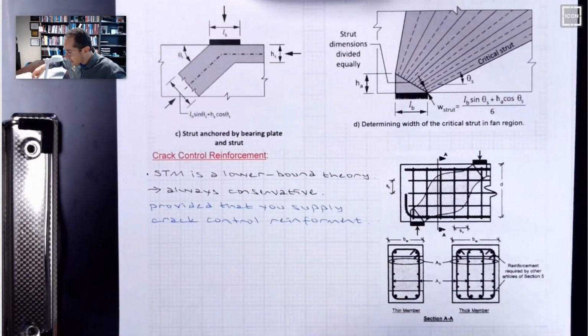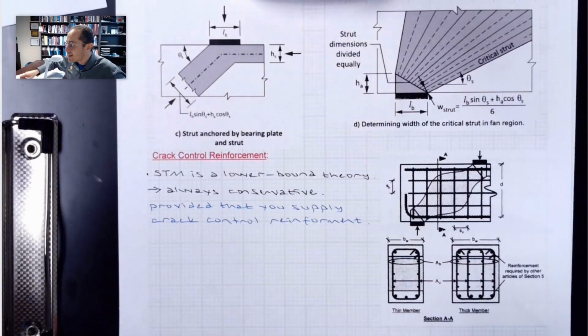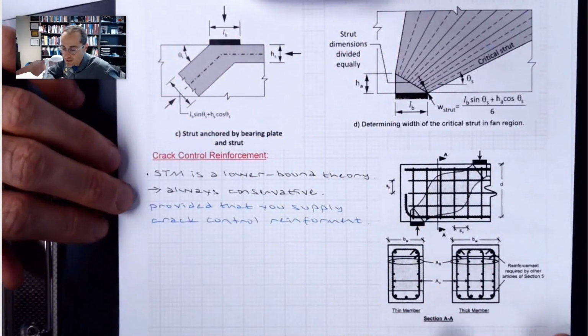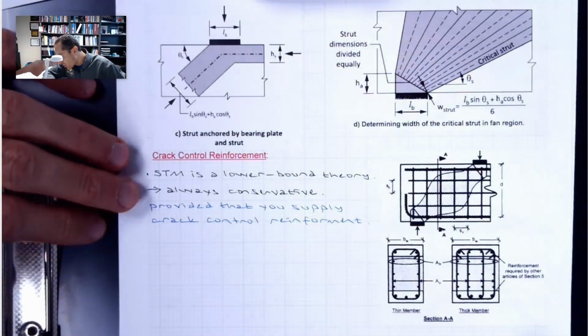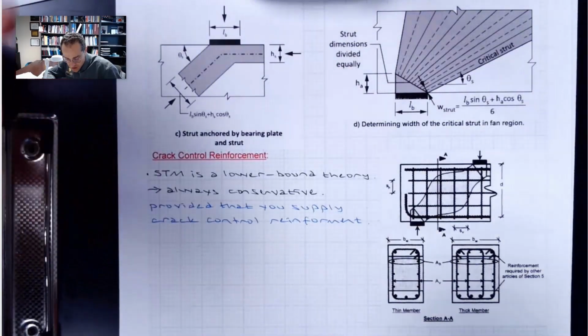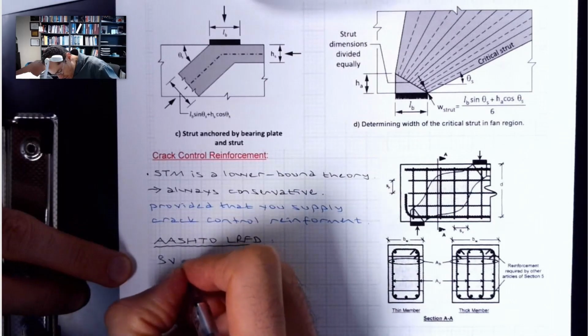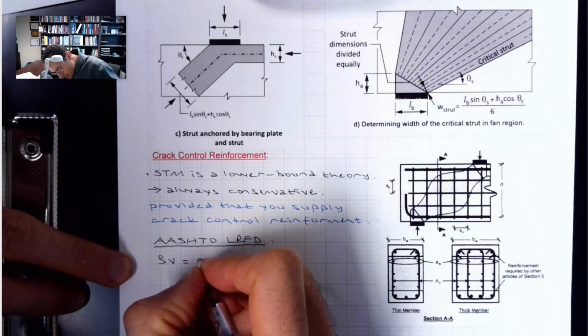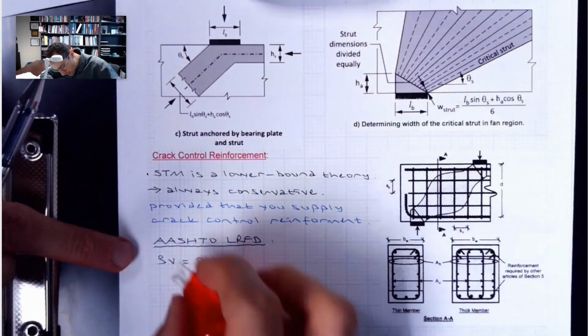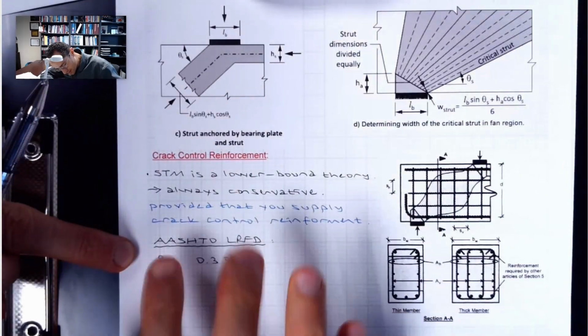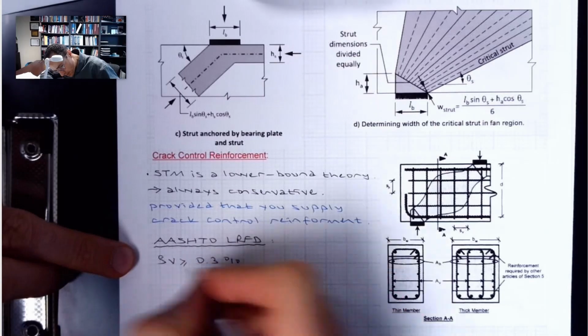We have to provide it. H2 is a little bit on the higher end. Typically, other jurisdictions, other countries require around 0.2, but H2 requires 0.3%, which is good. So vertical directions, you have to provide 0.3% or more in the vertical direction.